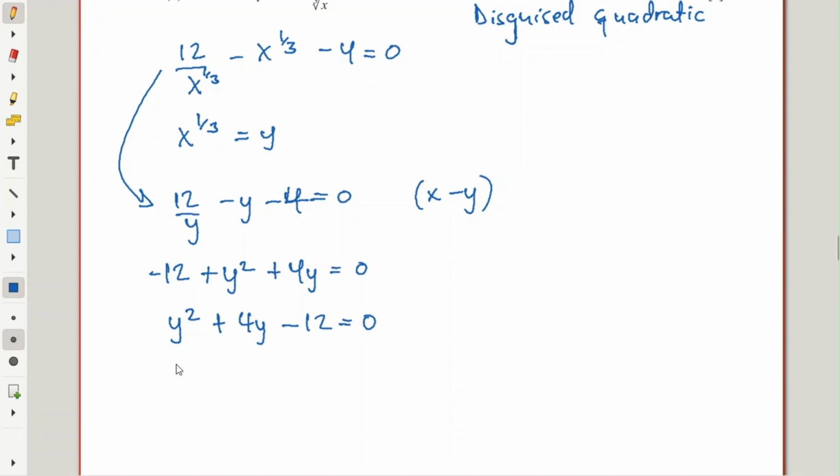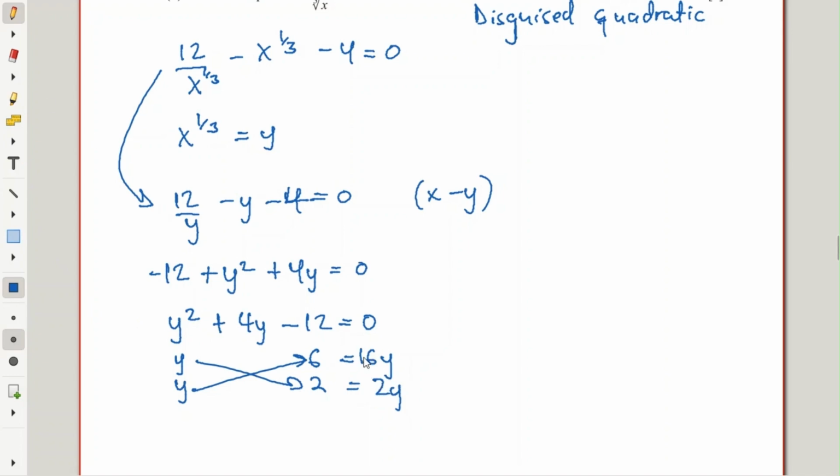Okay. So y times y should give me y squared. 6 times 2 should give me 12. And I cross like this. I'm going to get 6y. Here I'll get 2y. What can I do to these two to get the middle one?